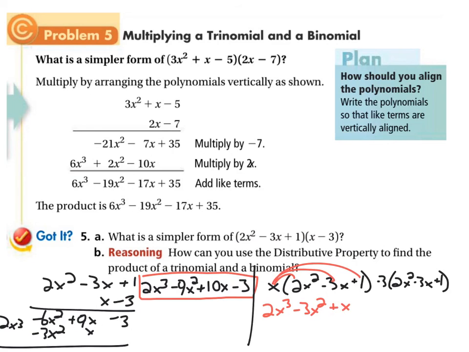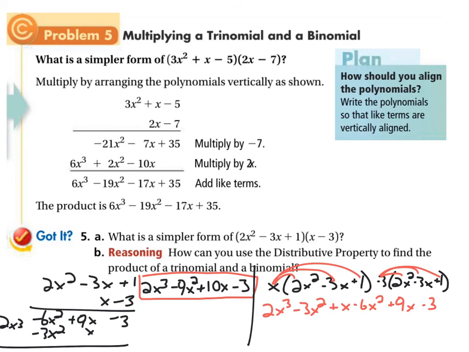That's that times that. This times this is negative 3 times negative 3x is positive 9x. And this times this, negative 3 times positive 1, is negative 3.